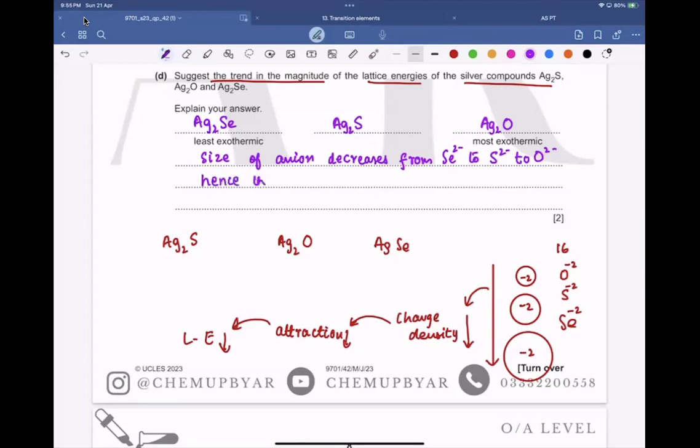Hence, the charge density increases in order. So I'm going to write the opposite order of this one. Increases in order: selenide to sulfide to oxide.